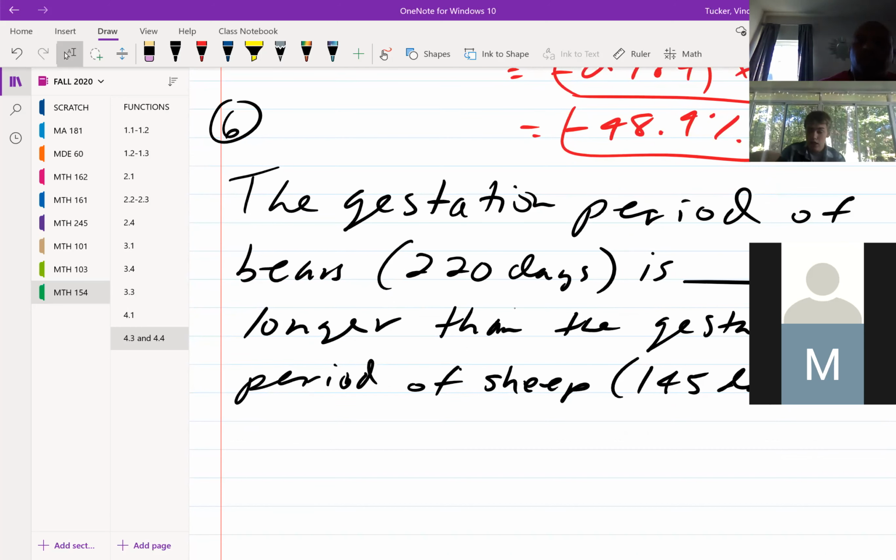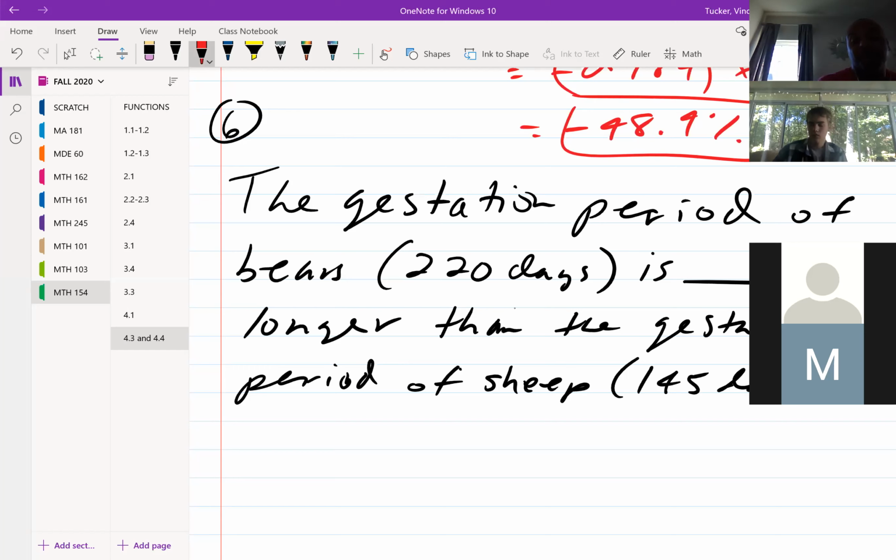All right, so the gestation period of bears, 220 days, is blank percent longer than the gestation period of sheep, which is 145 days. It's the same process, just that the terminology is different because we aren't going from bears to bears.